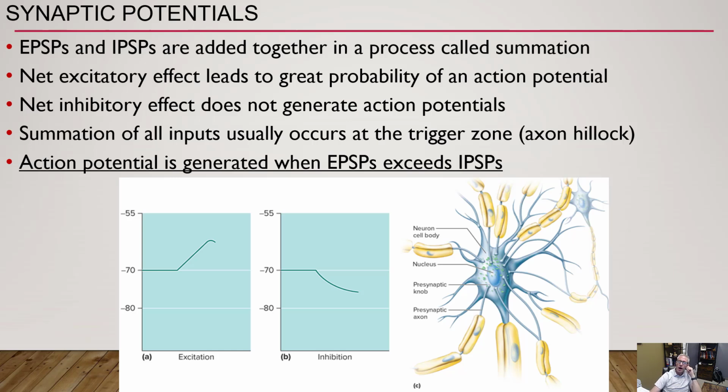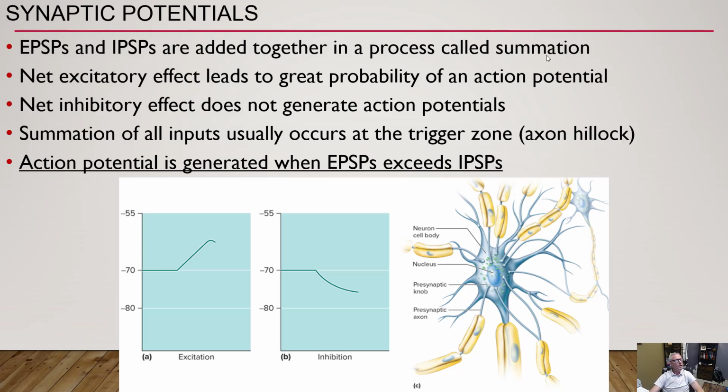All right. Now, I said that we have convergence and divergence, and we have thousands of different neurons that are communicating with thousands of different neurons. So let's look at the 1,000 different neurons compared to that one neuron. What happens with that one neuron that's receiving information from the thousands of different neurons?